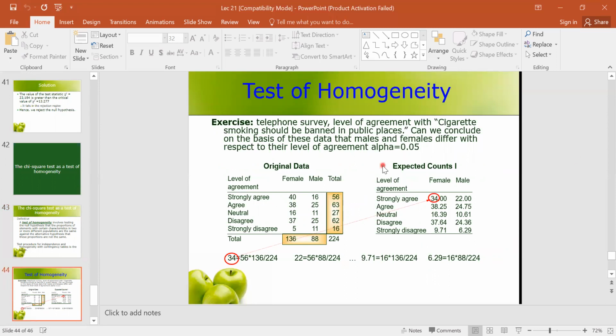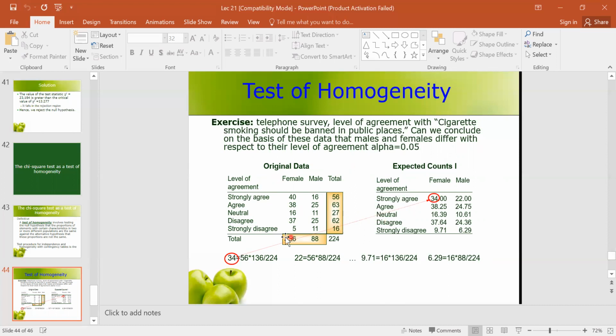Let us say a telephonic survey asks the level of agreement with the statement that cigarette smoking should be banned in public places. So here are the levels of agreement: strongly agree, agree, neutral, disagree, and strongly disagree. And the categories are female and male. Here are their responses. So this is the 5 by 2 contingency table.